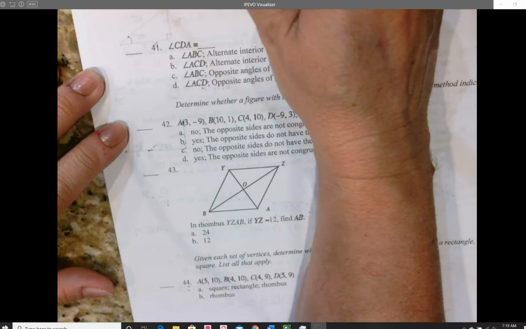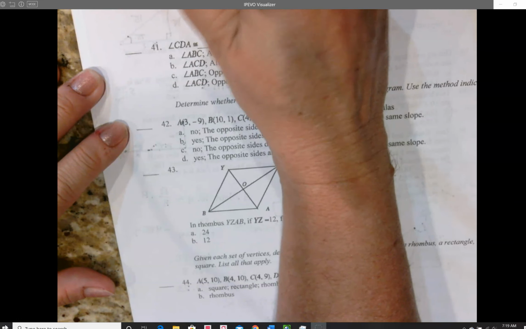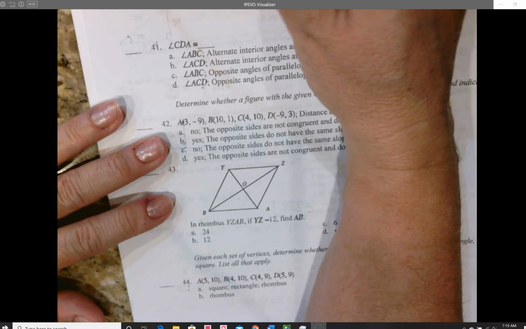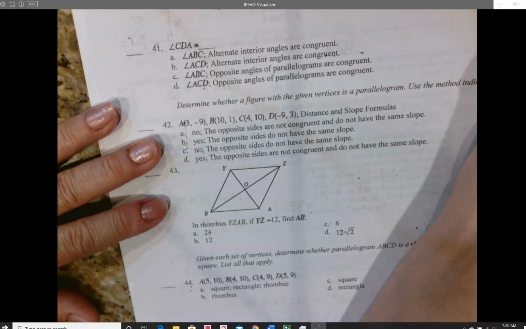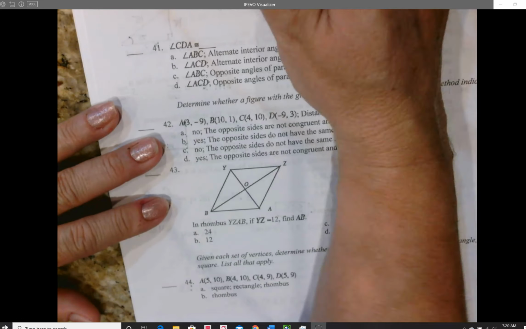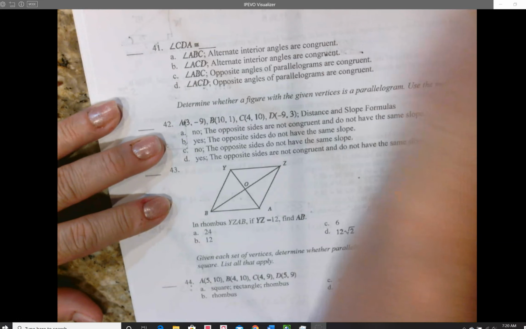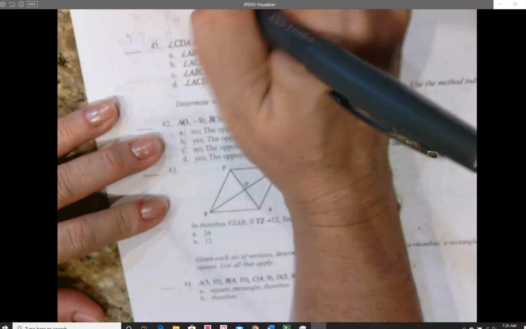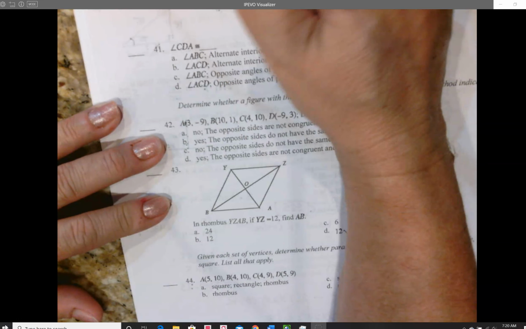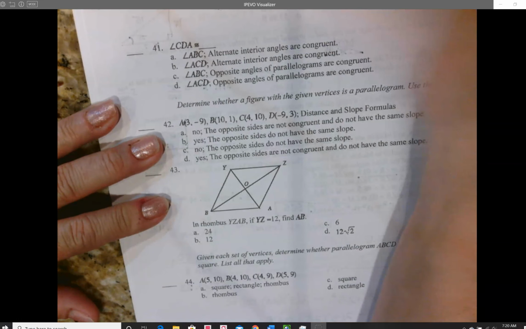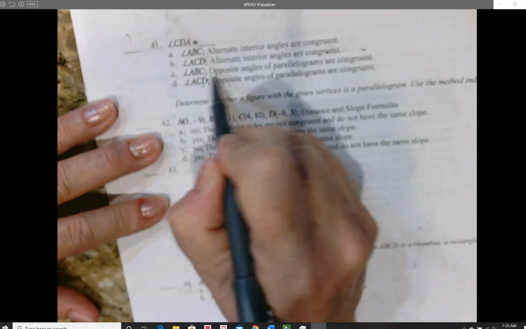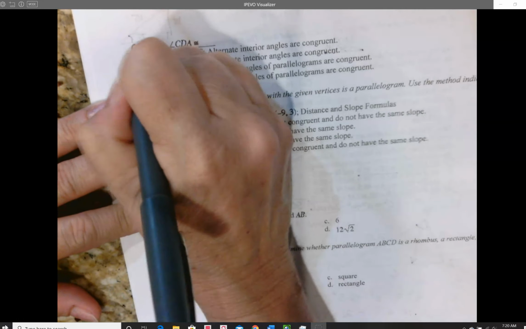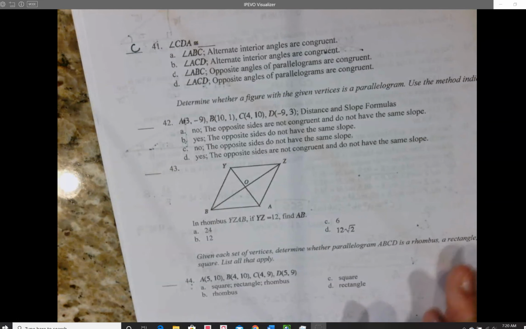So opposite sides are parallel. We know that consecutive angles are going to add up to 180. And we know that opposite angles are congruent. So CDA is going to be congruent with CBA or ABC because opposite angles are congruent. And that's just a law of parallelograms.